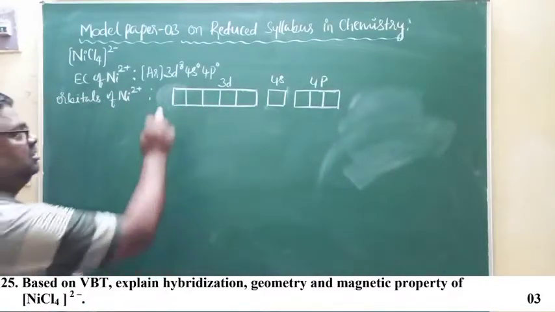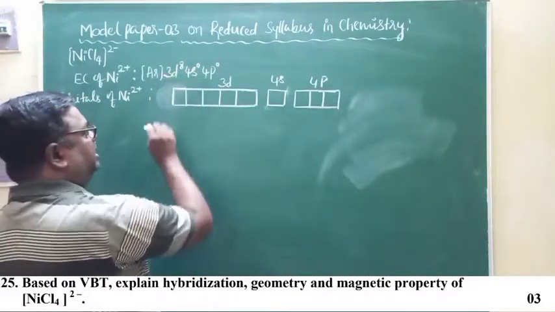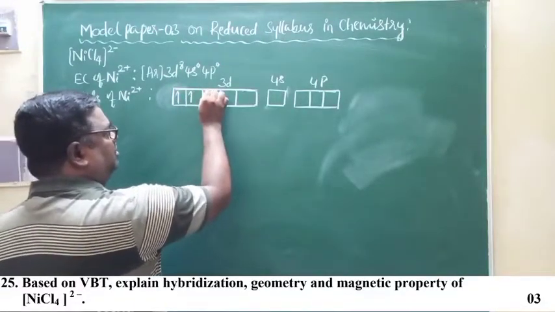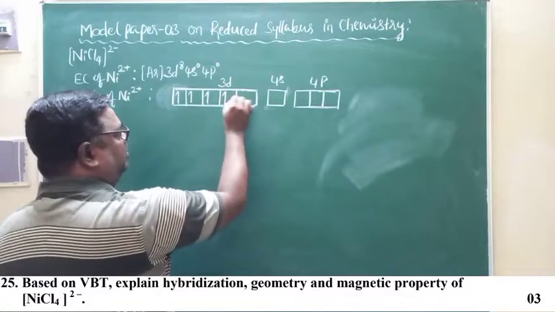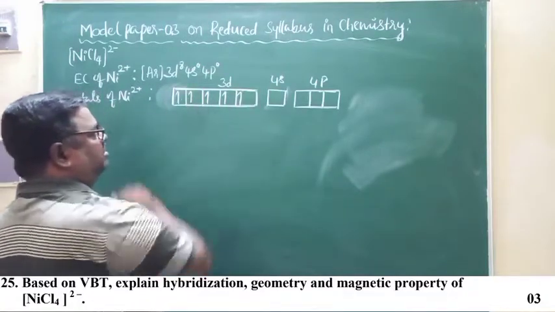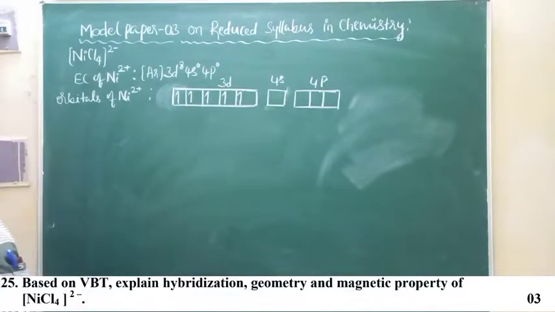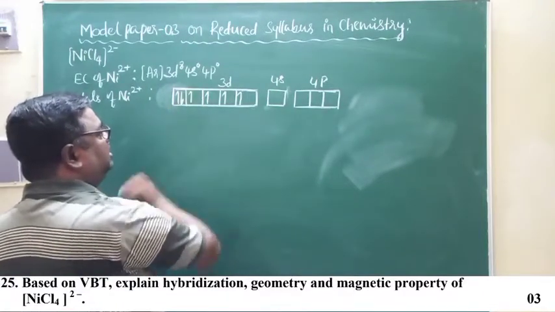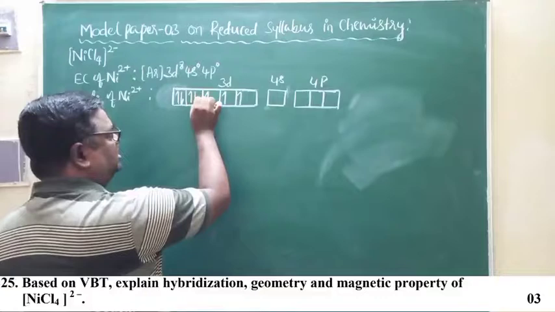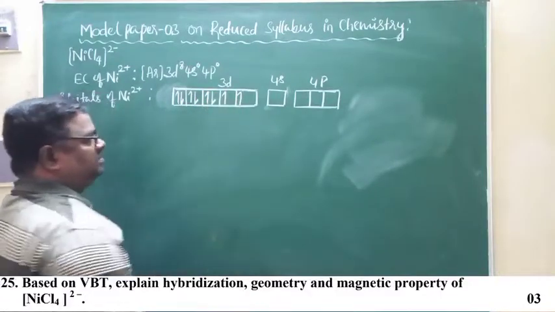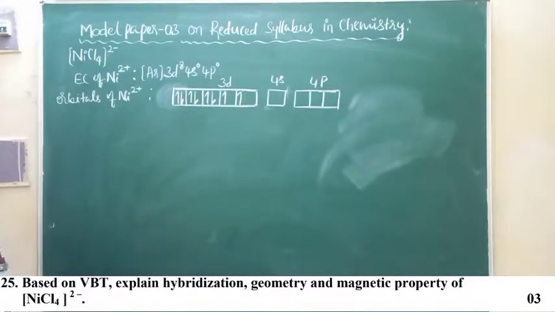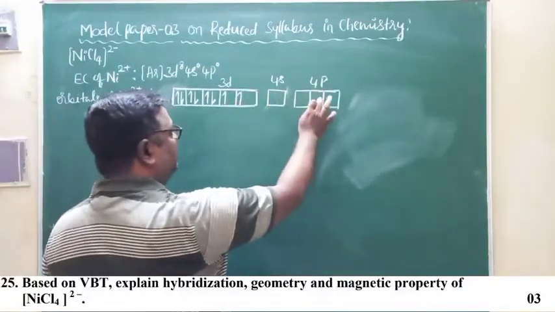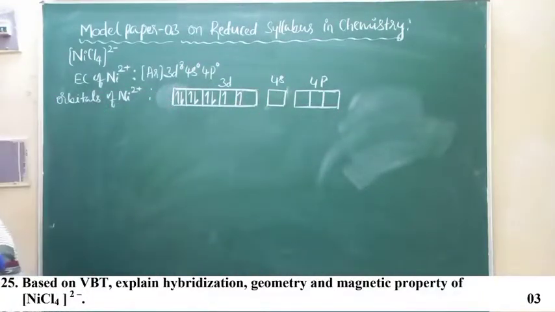According to Hund's rule, you fill 8 electrons in 3d: 1, 2, 3, 4, 5. After 5 electrons, electron pairing takes place when the 6th electron enters the 3d subshell. 6, 7 and 8. 8 electrons are accommodated in the 3d subshell. No electrons in 4s, no electrons in 4p.